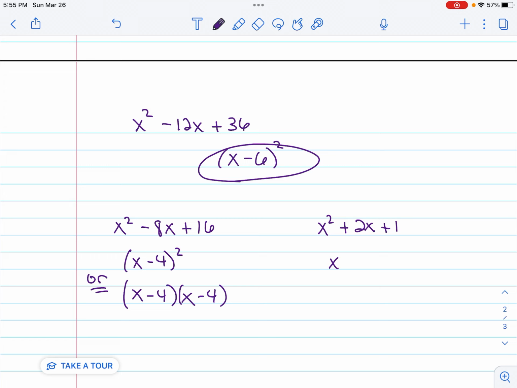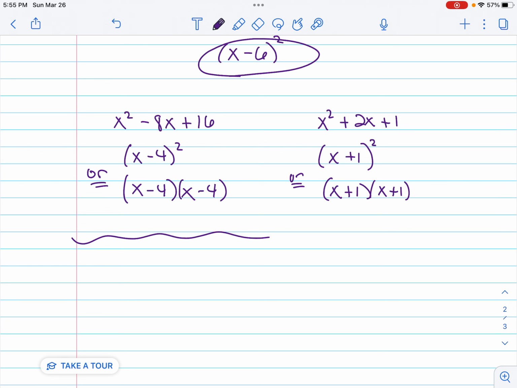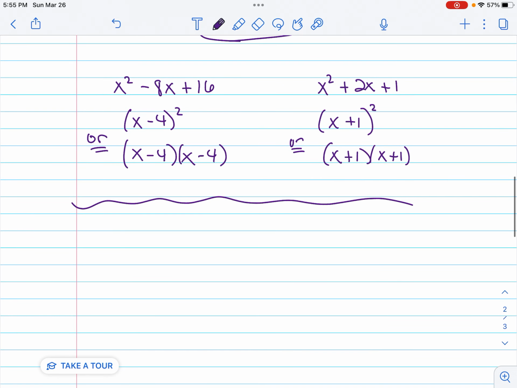This one's a little tricky to think of. It's x plus 1 squared, because 1 times 1 is 1, and 1 times 2 is 2. You could write it either way. It's a little bit trickier when you have a number on your x.